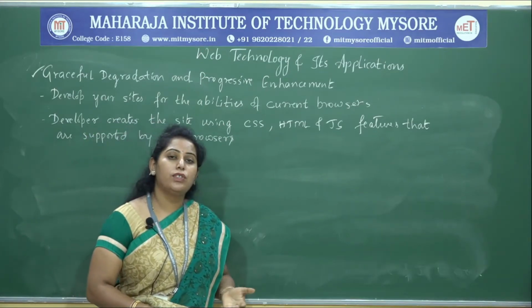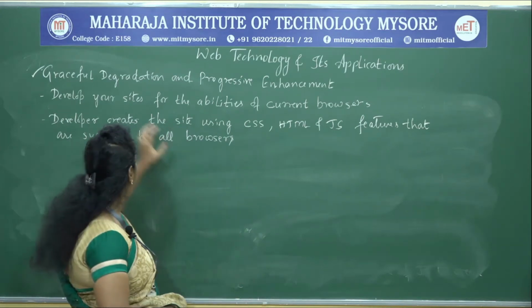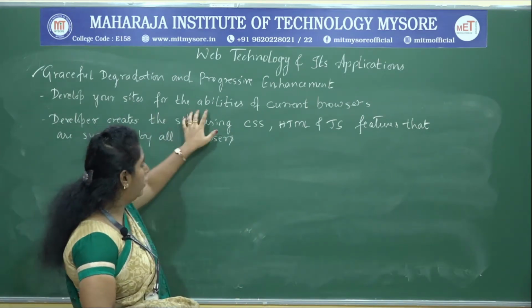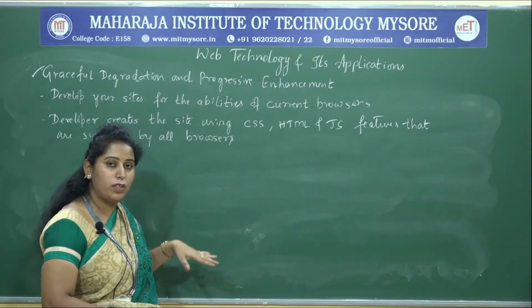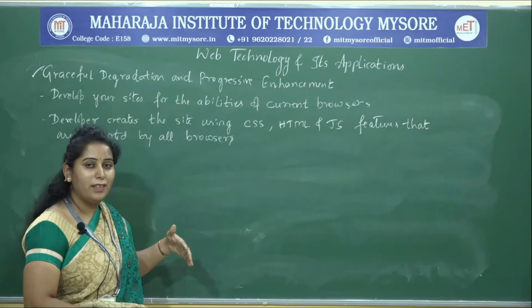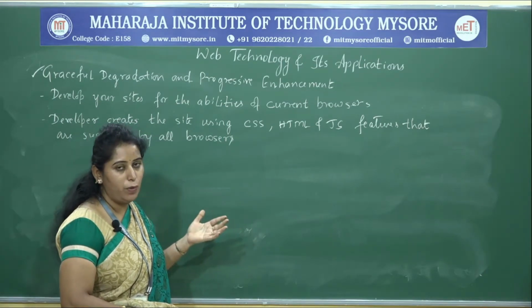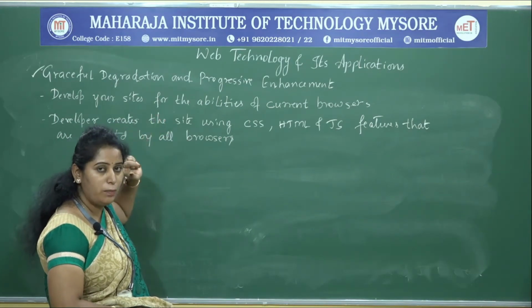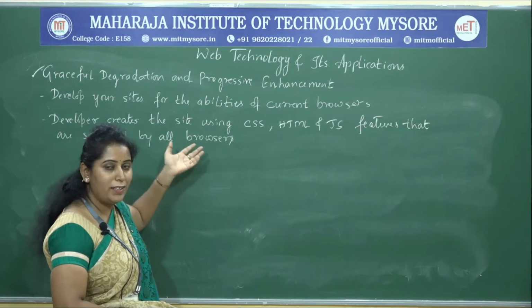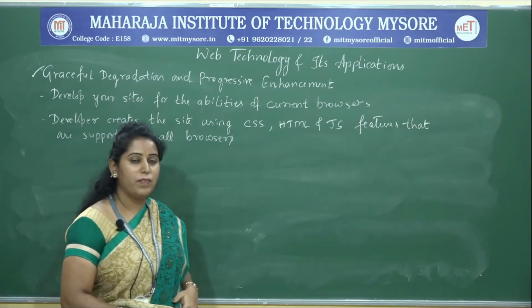If a user is using an older browser, the developed site supports the current browser, so obviously we are supposed to provide an alternate approach to visit that site using an older browser. That is graceful degradation.